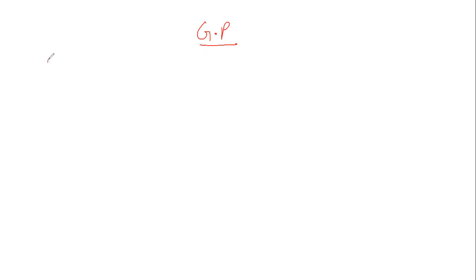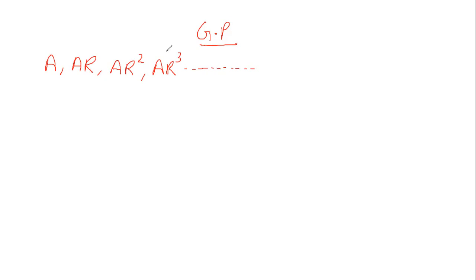In this case, let's say the first term is a. If I want to figure out the next term, I will multiply the previous term with a constant. Let's say that constant is r. Similarly, for the next term, I'll multiply the previous term again with the same constant. So it will be ar square, ar cube, so on and so forth.